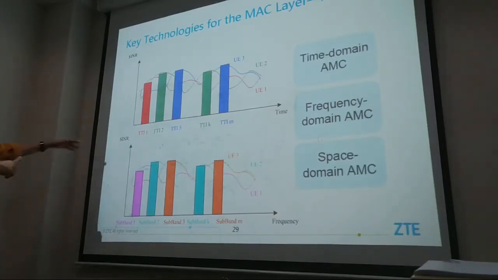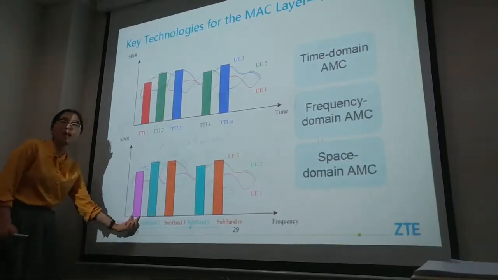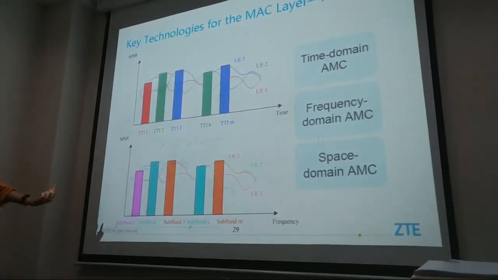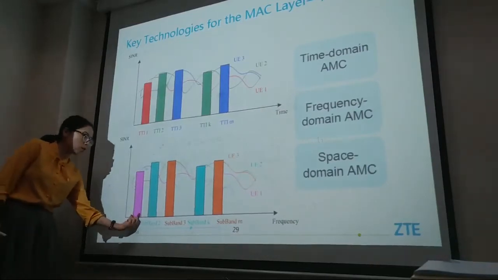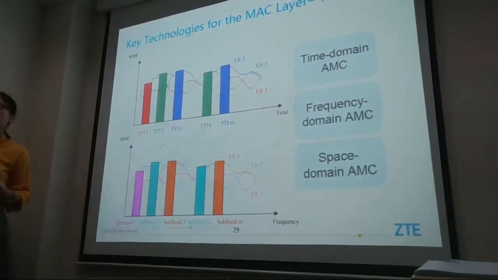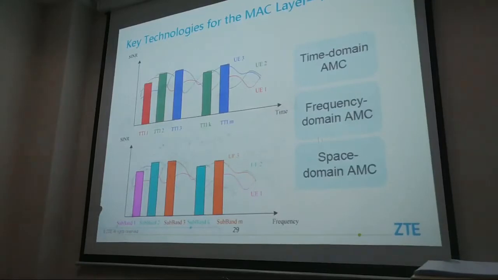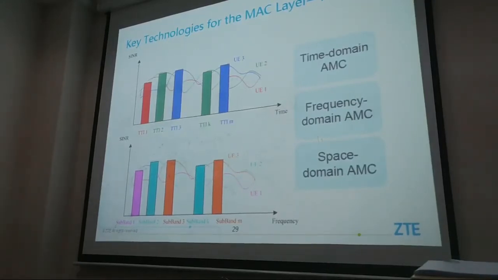For frequency, I don't consider every TTI. I just consider my subcarriers to adjust the modulation and the coding rate. The signal is related to the subband, and the subband is the subcarrier, right? So for each different subcarrier, I allocate a different AMC.